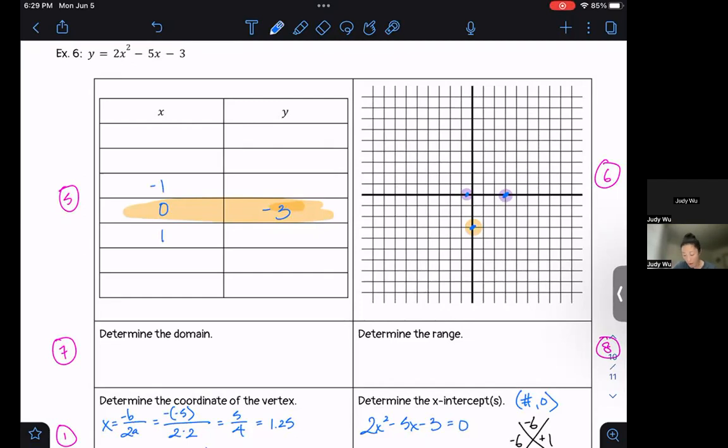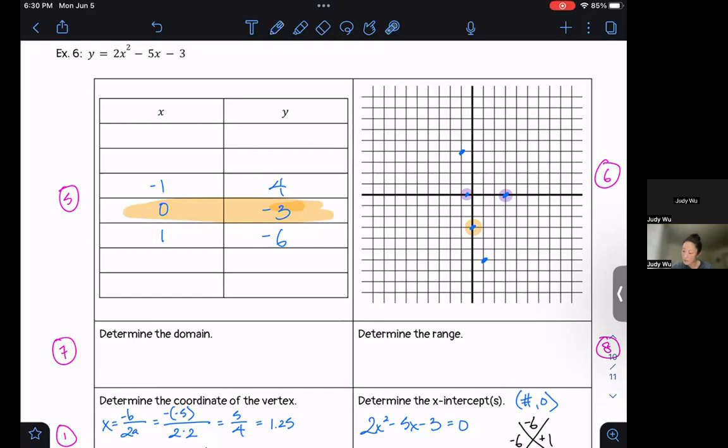When I try +1, I get 2 minus 3 minus 5. That gives me -6. So I can actually plot the point 1, -6. And when I plug in -1, I end up with 2 plus 5 minus 3, which actually gives us 4. So the point -1, 4 is also on my graph.